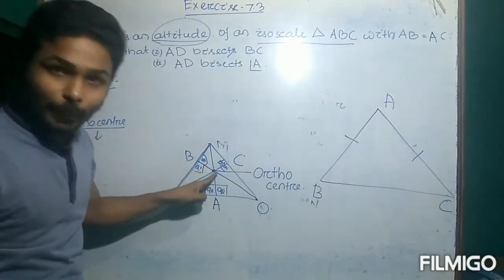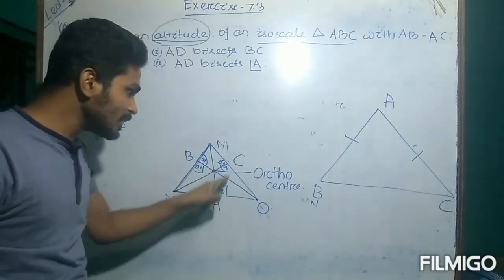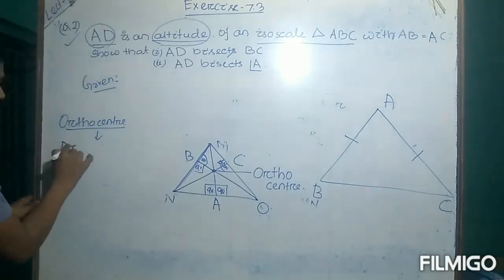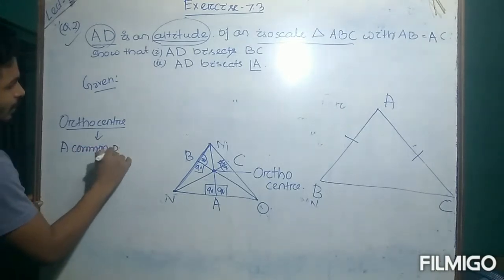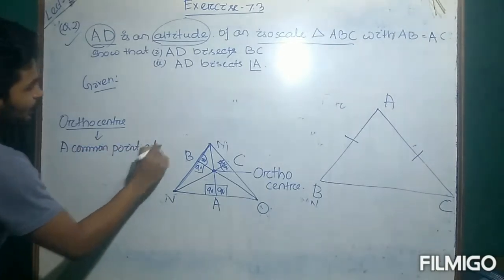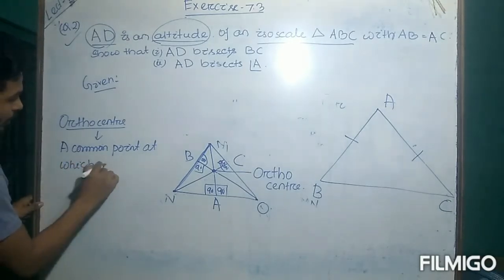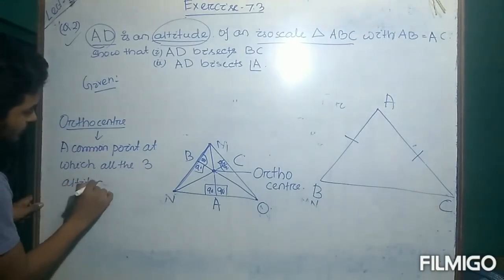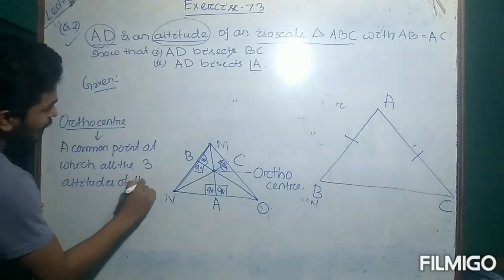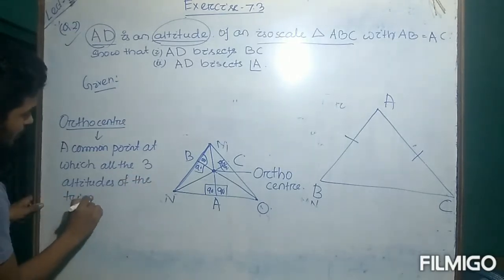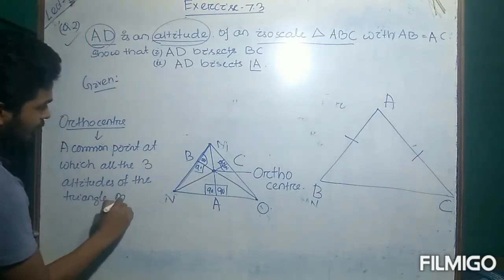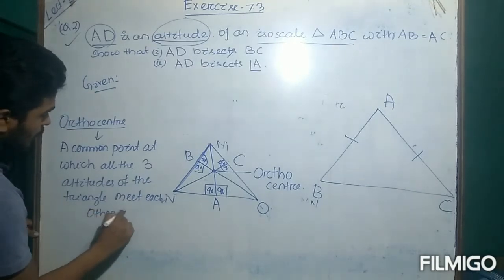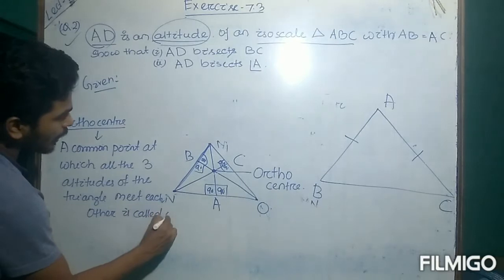The meeting point or the common point at which all the 3 altitudes of the triangle meet or intersect each other is called orthocenter.